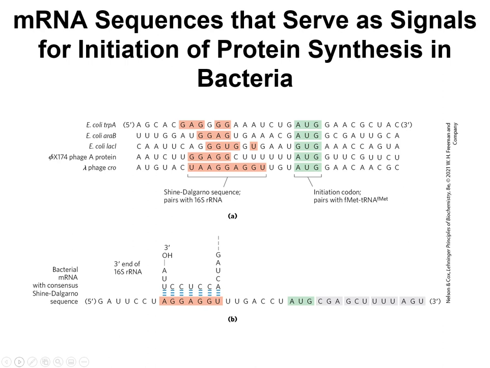In general, it's going to be somewhere in the ballpark of 8 to 10 base pairs, or I should say nucleotides. There's base pairing between the Shine-Dalgarno sequence and the 16S rRNA that is within the 30S subunit of the ribosome.